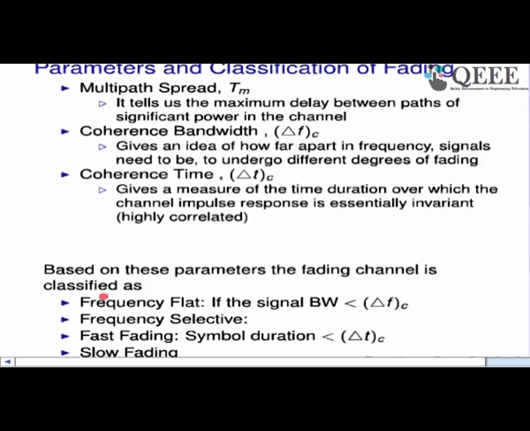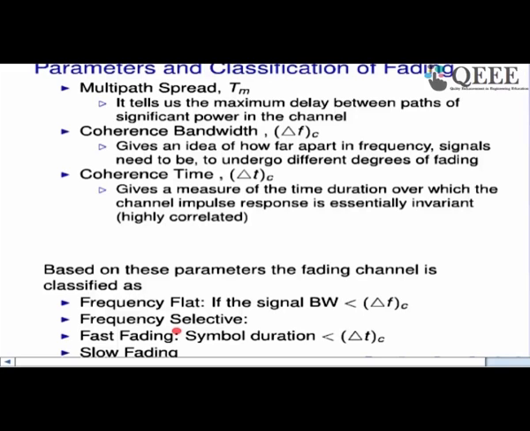So these are the two classifications, frequency flat and frequency selective. Frequency flat, all parts of the signal see the same attenuation. Frequency selective, different frequency components see different fades. Fast fading, the channel is fading fast, because the symbol duration is comparable to the coherence time.